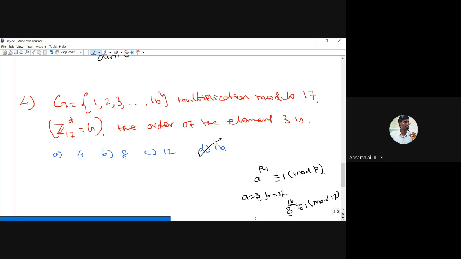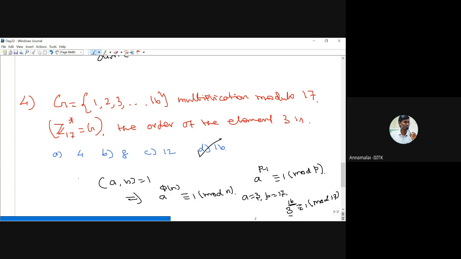Okay. So we have to use Fermat's theorem. Fermat's theorem is a particular case of Euler's theorem. Euler's theorem is for the general case. What does Euler's theorem say? Suppose the GCD of a comma n equal to 1, this implies that a power phi of n, the Euler phi function of n, is congruent to 1 modulo n.